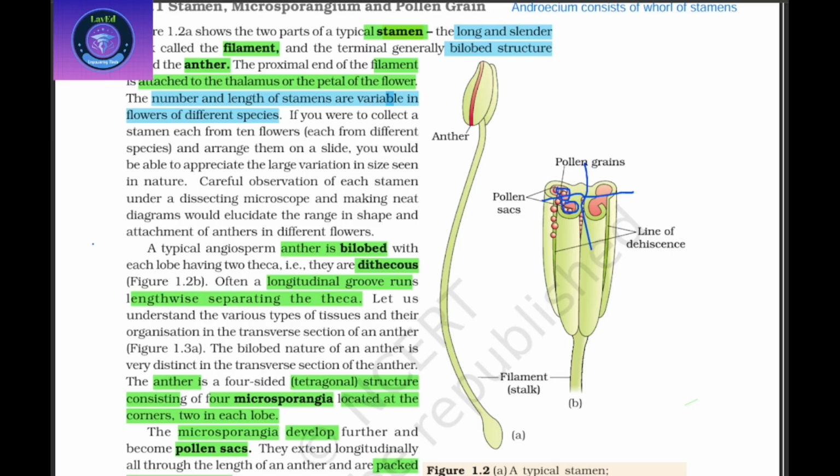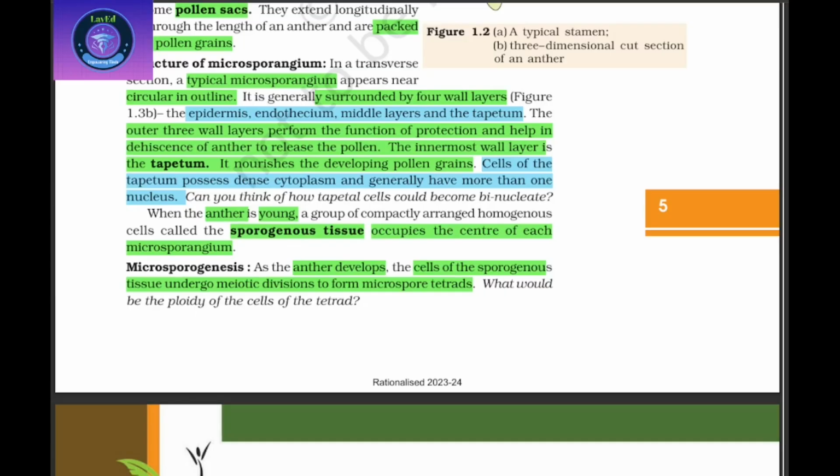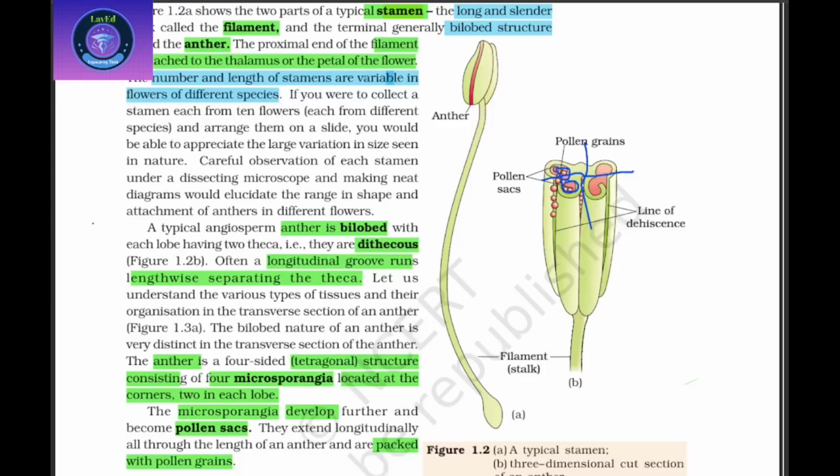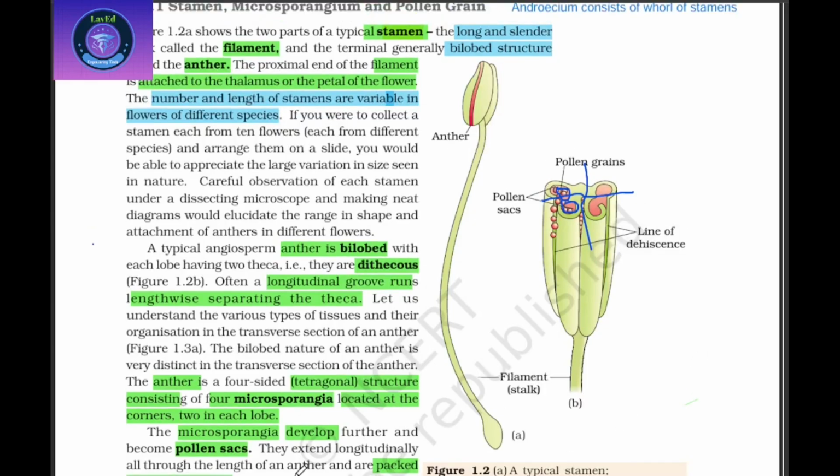Let's head to the next point, next para. Wait a second. The microsporangia develop further and become pollen sacs. Now look, this circular structure is basically a microsporangium.